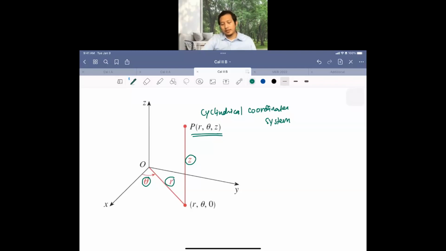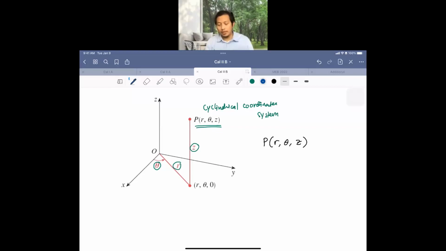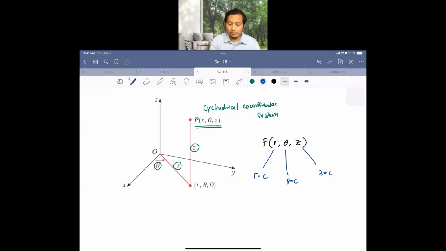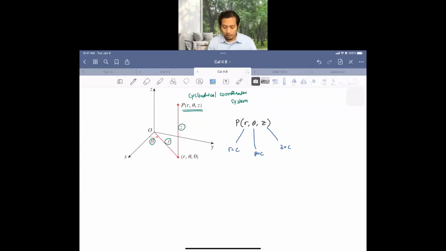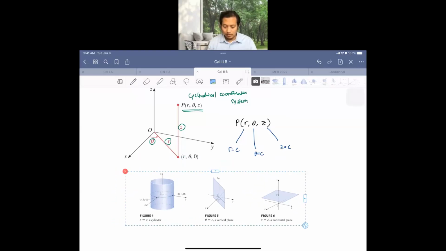Now if you would like to imagine, if we have these three variables r, theta, and z, we could see what it would be like if, for example, r is constant and the others are variable, or when theta is constant, or z is constant. What will happen to the other variables?